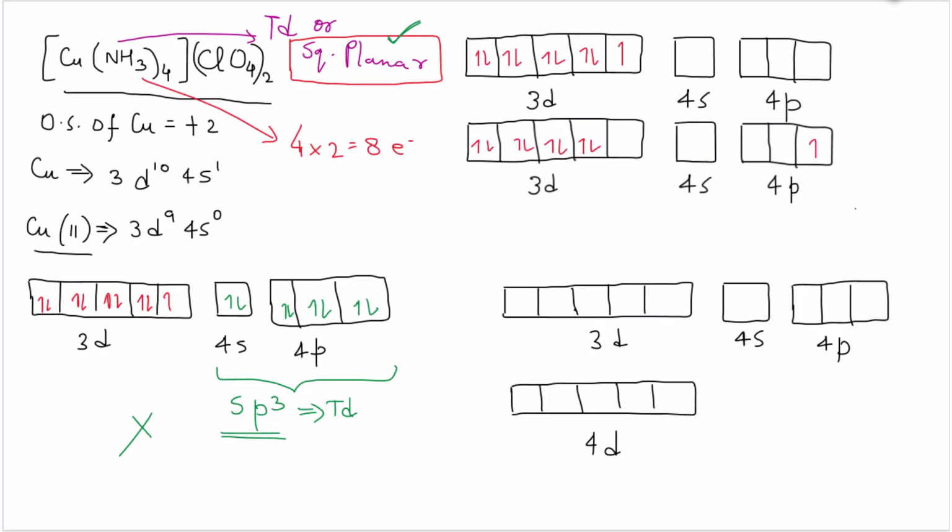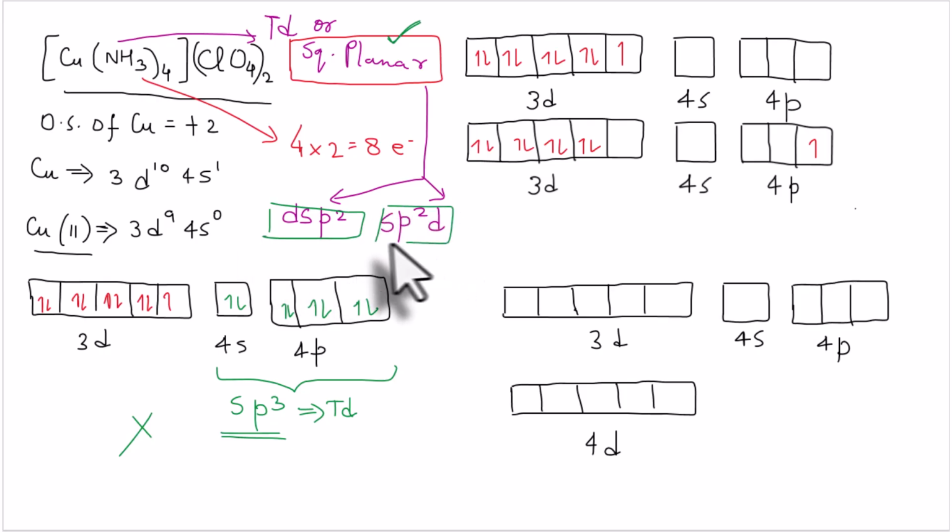So for square planar geometry, again there are two possibilities of hybridization. Either the hybridization could be an inner orbital complex with dsp2 hybridization, or an outer orbital complex with sp2d, like this. So these are the two possibilities for hybridization in a square planar complex.